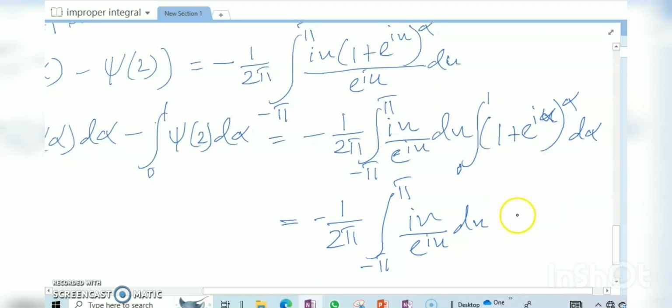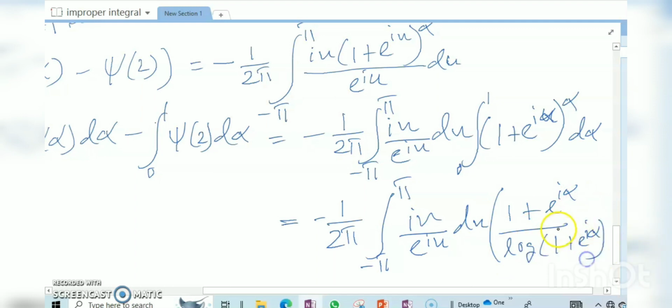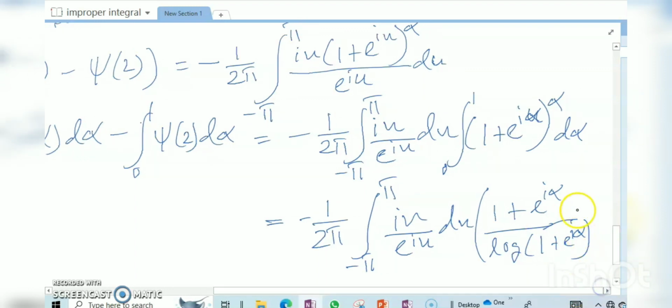This formula gives a log, so 1 plus e to the power i alpha divided by log of 1 plus e to the power i alpha. Okay friends, I hope it is clear.